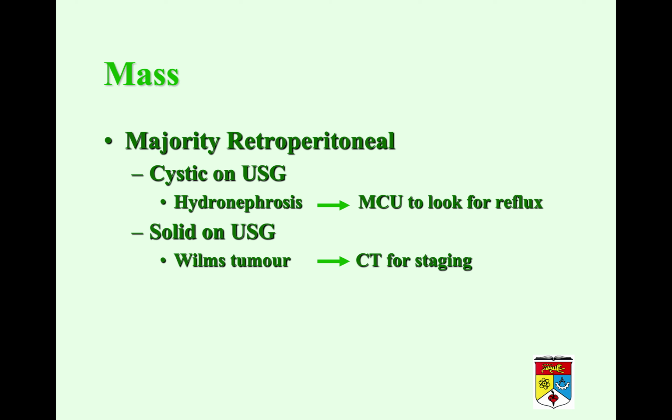If it's cystic, fluid-filled, anechoic, black in color, at the region where the kidney should be, then suspect hydronephrosis, then we do an MCUG to look for reflux. But if it's solid, slightly hyperechoic and hypoechoic on ultrasound at the kidney, it can actually be Wilms tumor, or it can be suprarenal, which is the neuroblastoma. So we will do CT for staging of the disease.